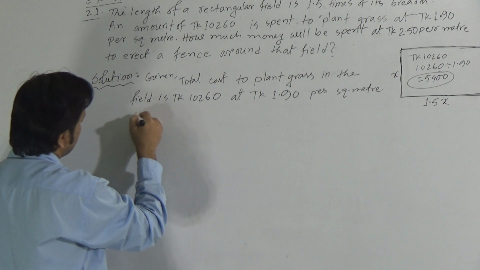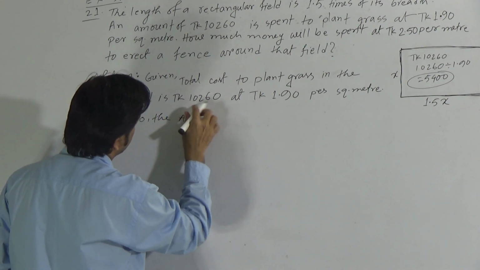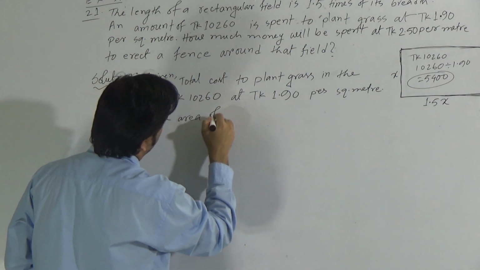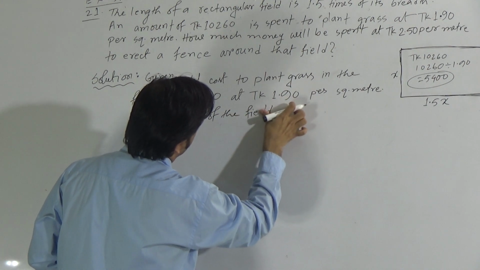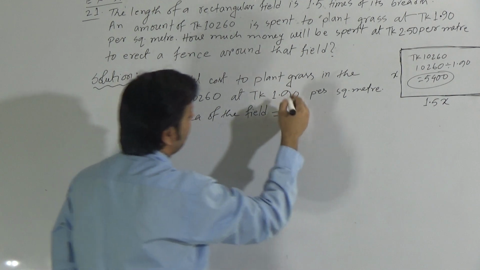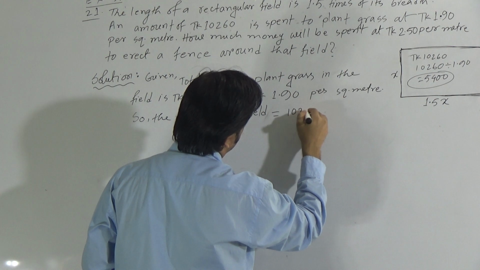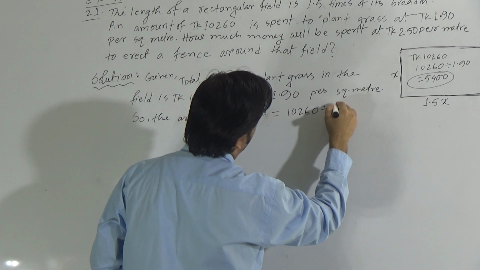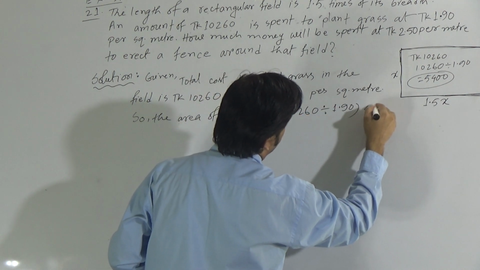So the area of the field will be equal to 10260 divided by 1.90 square meter.